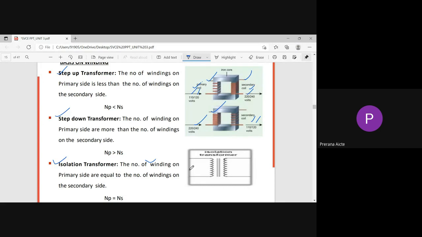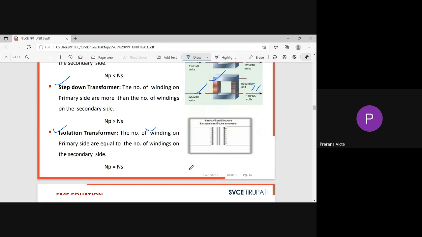Any fault occurring in the primary is isolated, without affecting the secondary. This transformer is also generally used to measure voltages and currents in substations. For that we use isolation transformers.